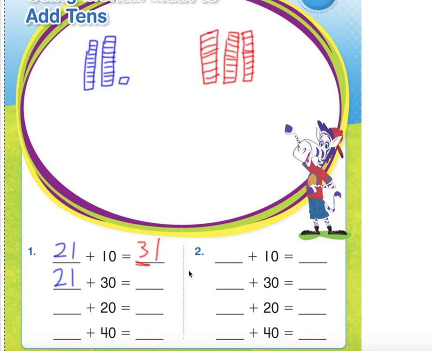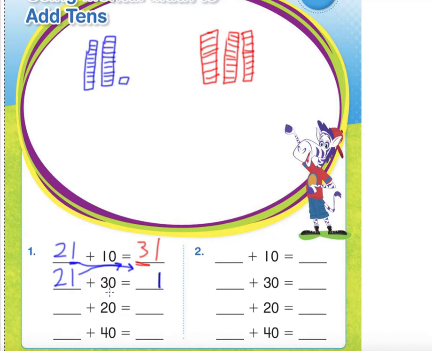And I'm going to give you a little hint about what the answer is. This 1 is not going to change. Whatever your ones house is, it's not going to change. It just goes right along with it to the whole number. It just hops right on over.